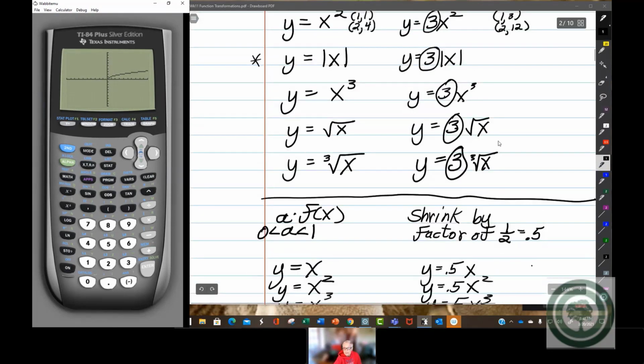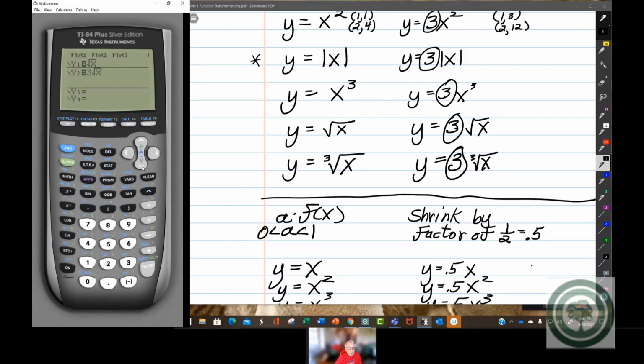So let's go back up here for a minute. 3 square root of x. There you've stretched it up. You haven't lifted it up. It's not a vertical shift. (0, 0) is still at (0, 0), but it's like you stretched it up.